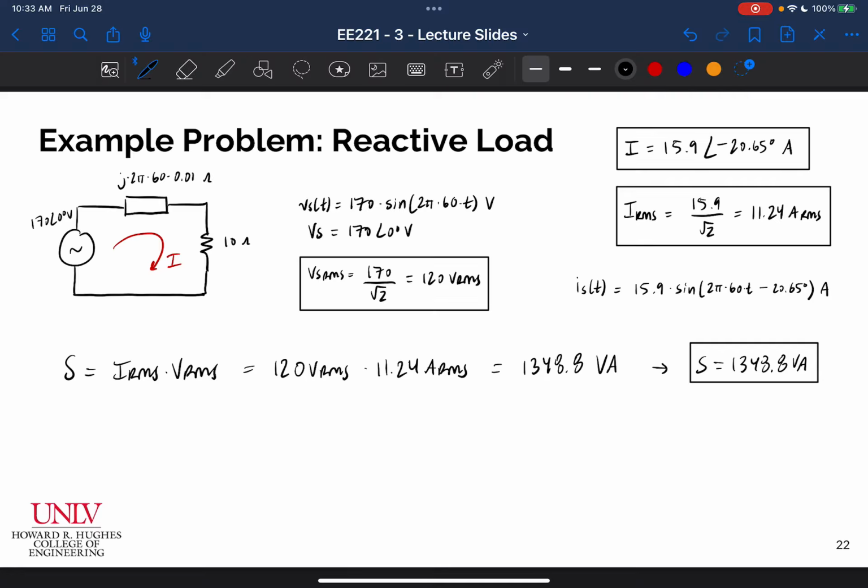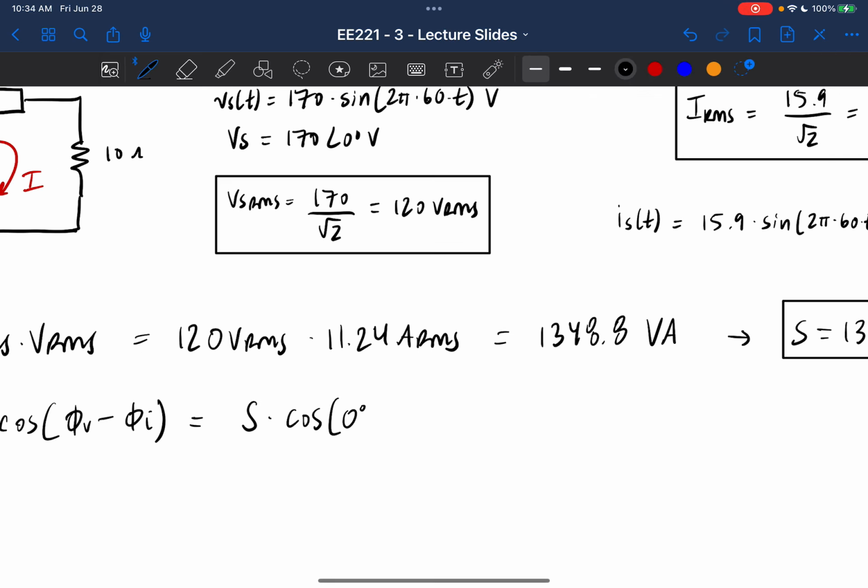Now I need to calculate my average power, or my real power, P, which is basically my apparent power multiplied by the cosine of my phase, which is the phase of the voltage minus the phase of the current. In this case, it is the cosine of 0, because there's no phase shift on my voltage waveform, right? 0 minus negative 20.65.